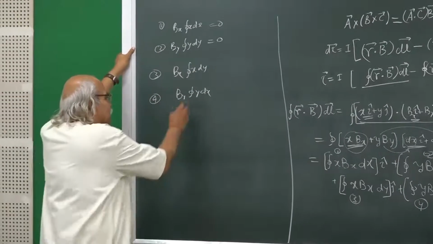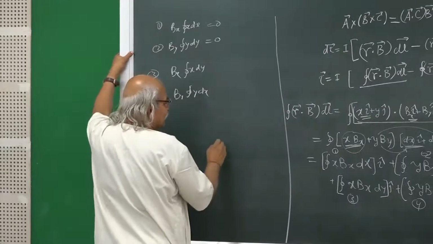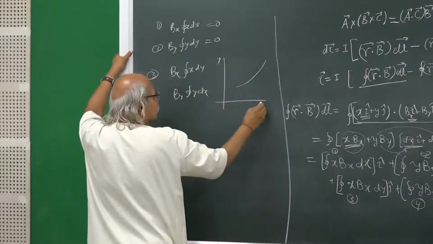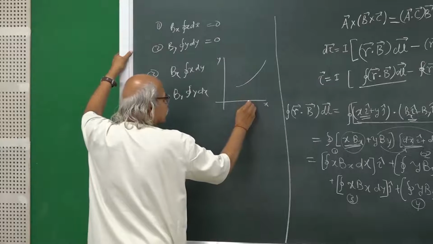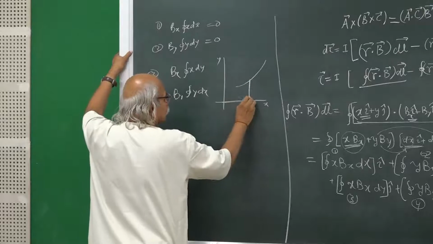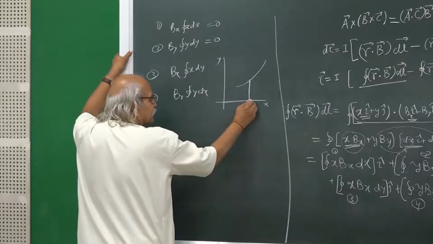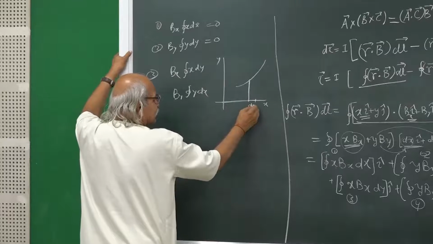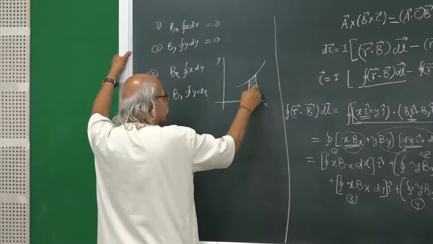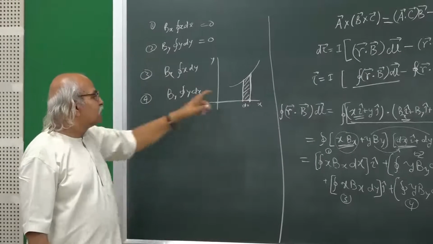What is this? You must be familiar with this integration of y dx. If you have a curve with y here and x here, and at this x this is the y, and then you proceed a little bit ahead and this is your dx, and then you reach here, this y dx is essentially the area under this curve.